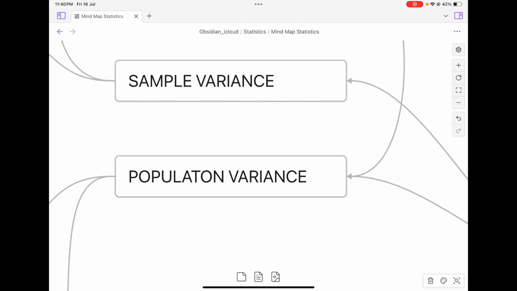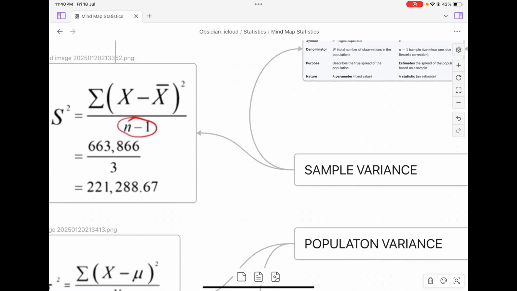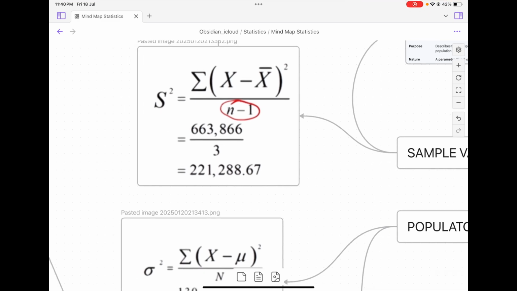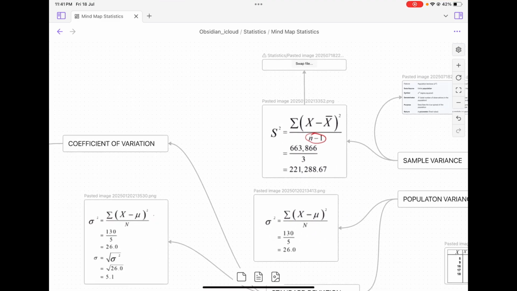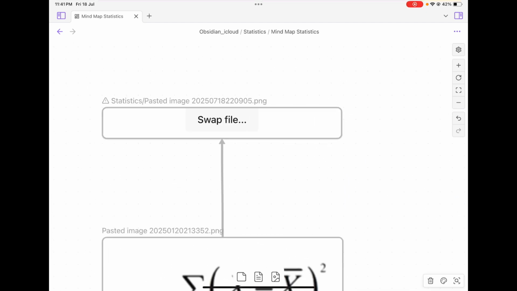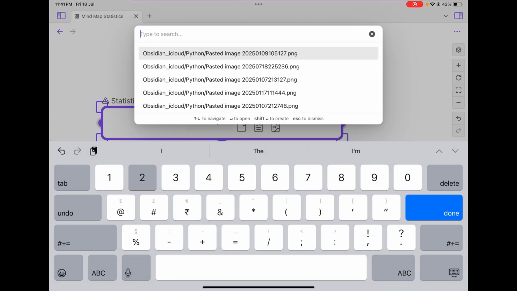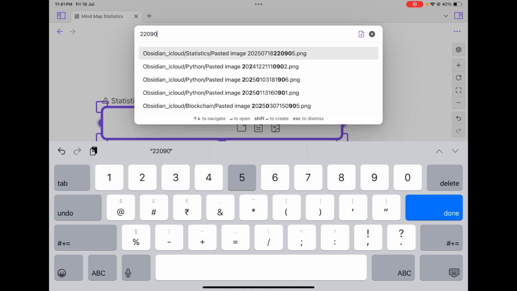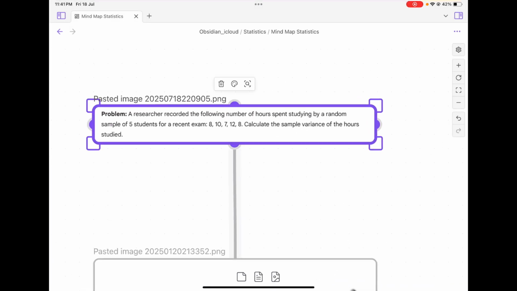Let us see what it is. First let us look at the formula.